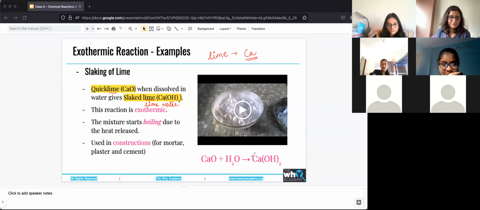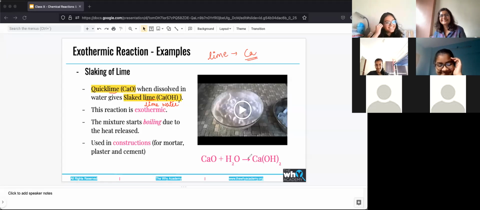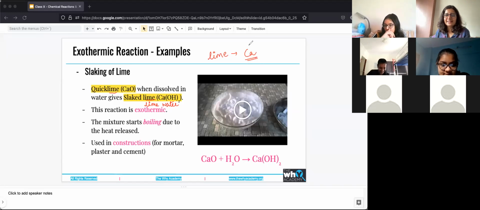Just saying, day before yesterday, this reaction in Hindi. Yes, ma'am. She told us to write chuna plus pani is equal to chuna pani. Easy to remember, na? Chuna is like lime water, chuna pani. But as a hack, in an exam, in any question, if you come across lime, it's a compound of calcium.